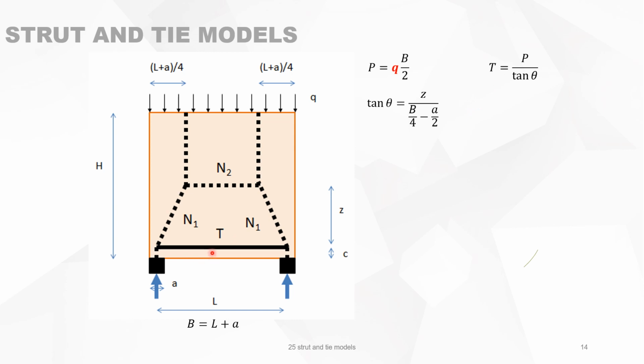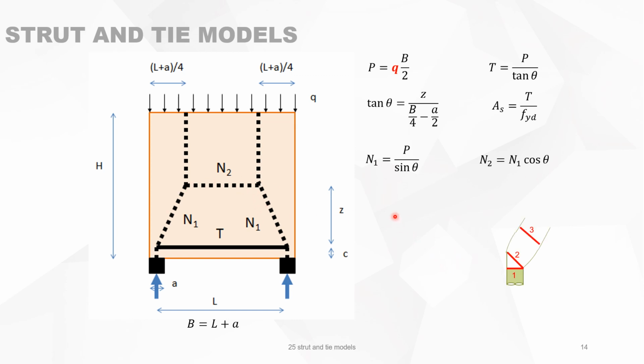The tension in the tie is, like we have seen before, P divided by the tangent of theta, and the reinforcement is just the tension T divided by the yield stress of the reinforcement. And the compression in the strut N1 is then P divided by sin theta, N2 is N1 times cos theta, this is N2.